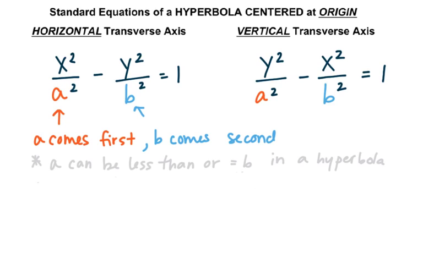That longer value gave us our major axis. But in this situation, the axis can be shorter or even equal. A and B had to be different with ellipses because if A and B were the same, then we ended up with a circle. All right, let's list our attributes, which are going to be center, vertices, and foci, and we're also going to have asymptotes here.